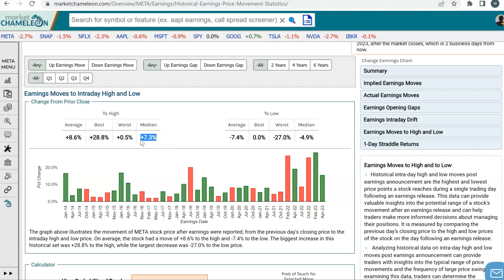If we want to measure to the low of the day, we see that on average the move was down 7.4%. So the moves to the upside were actually of a bigger magnitude on average than the moves to the downside. It's a little bit skewed towards the upside.